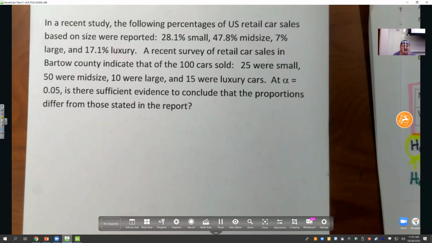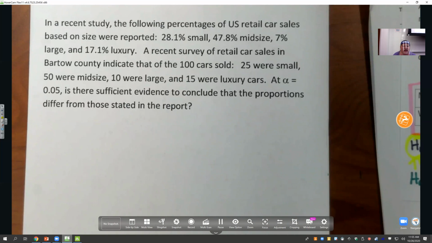This question reads, in a recent study, the following percentages of U.S. retail car sales based on size were reported. 28.1% of the cars sold were small, 47.8% mid-sized, 7% large, and 17.1% luxury.